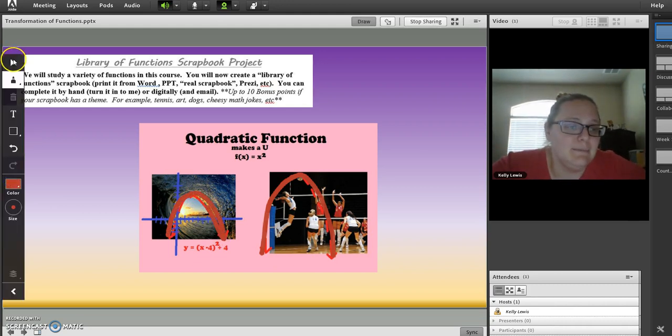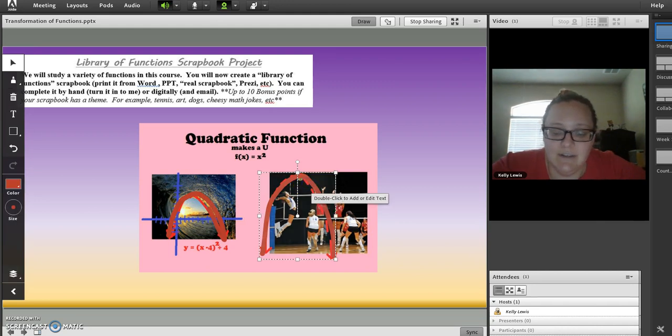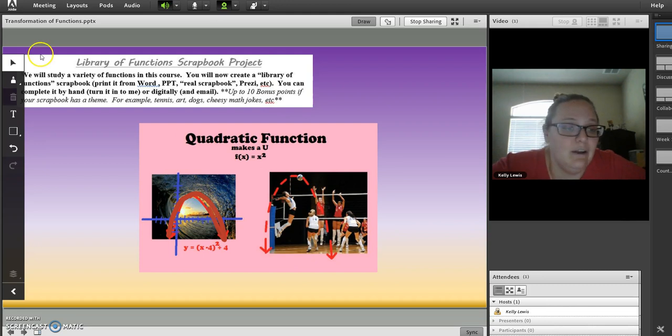Right, for piecewise, I'm going to explain piecewise functions in the next video, but since I'm explaining your project right now, I want to show you. So a piecewise function is pieces of different functions. And so like this volleyball one is a good example. So like right here is quadratic.